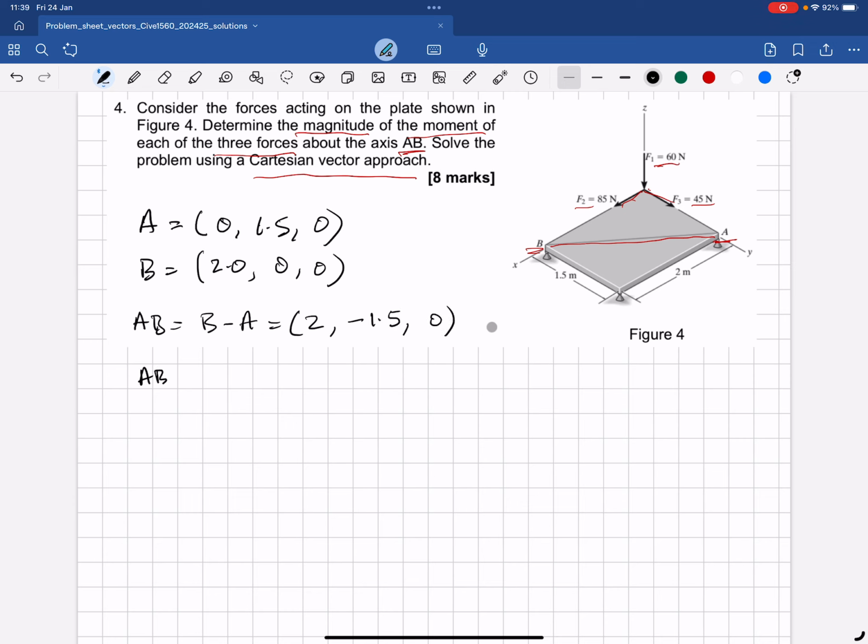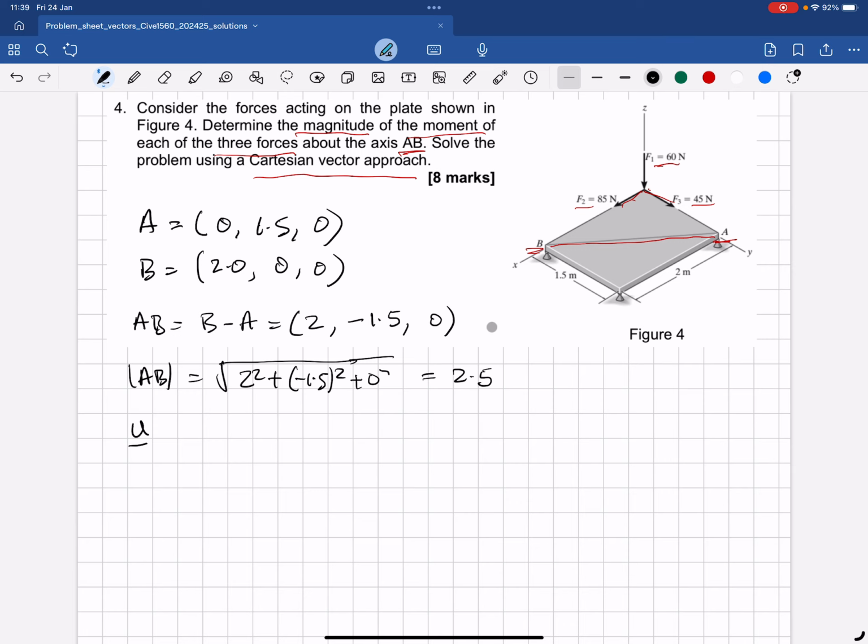The magnitude of AB is the square root of 2 squared plus minus 1.5 squared plus 0 squared, which comes out to be 2.5.